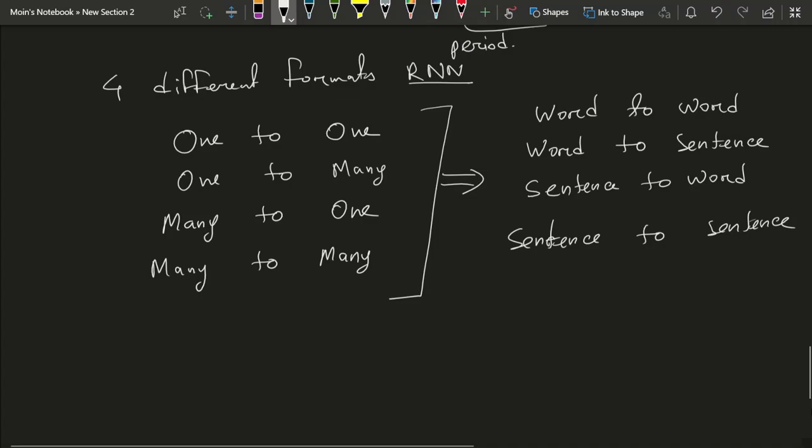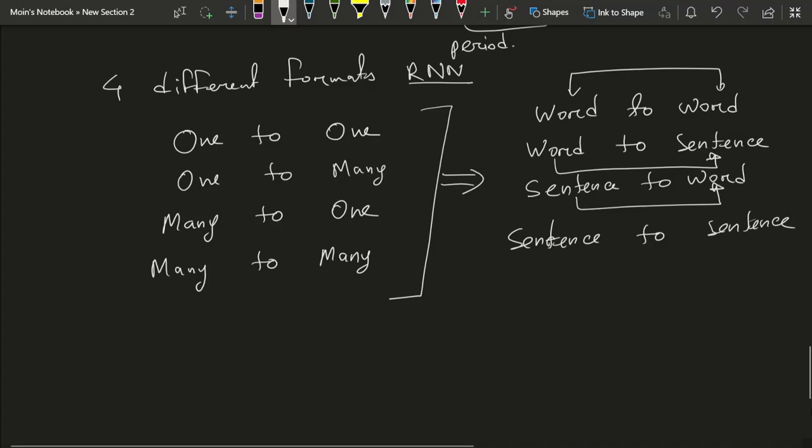So there would be some different variants of RNN. Predicting the next word by seeing a previous word could be represented as word to word. Word to sentence means if you provide a single word, you need to produce a paragraph. Sentence to word means you have provided a context or a paragraph and then the word will be predicted, and the sentence to word problem will be solved by the RNN.